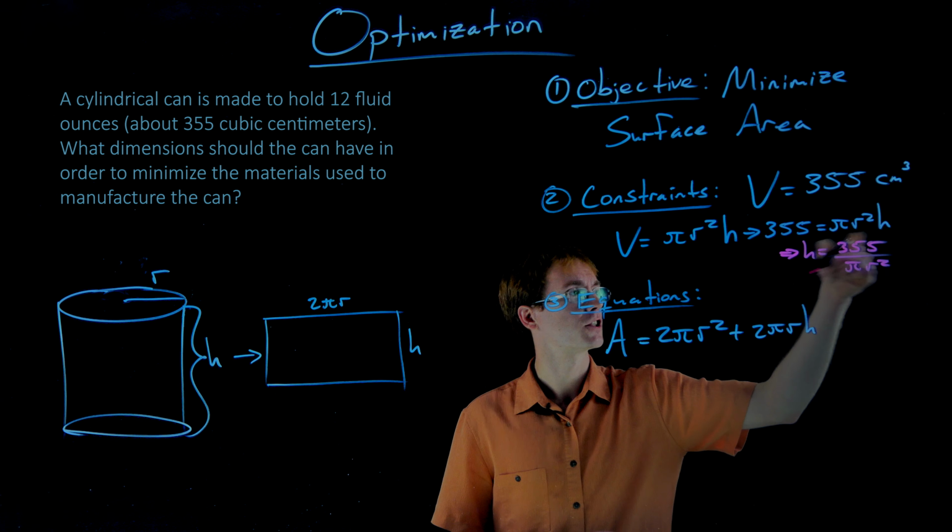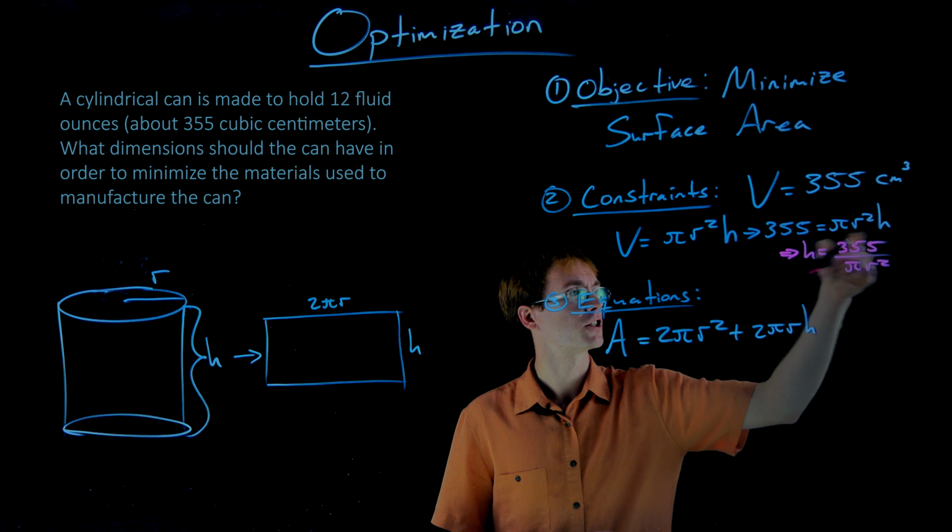We then just need the lateral surface area of our can, or the side area of our can. And well, to figure out the side area, we can think about cutting our can along the side, along a seam, and then unrolling it. If we unroll it, well, then it's going to turn into a rectangle.